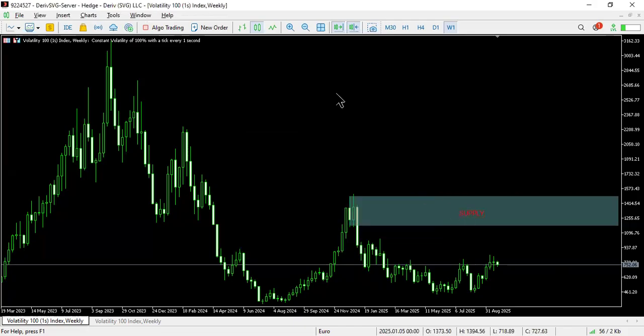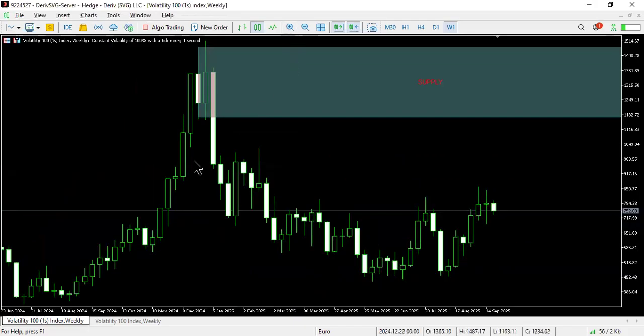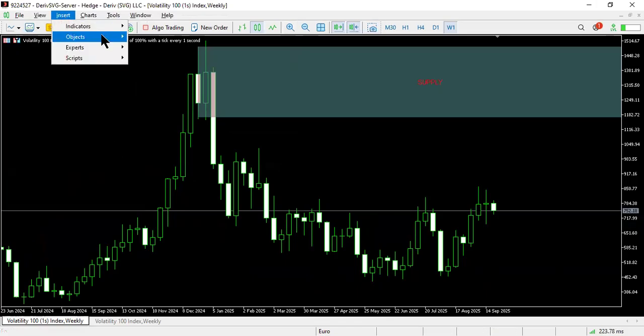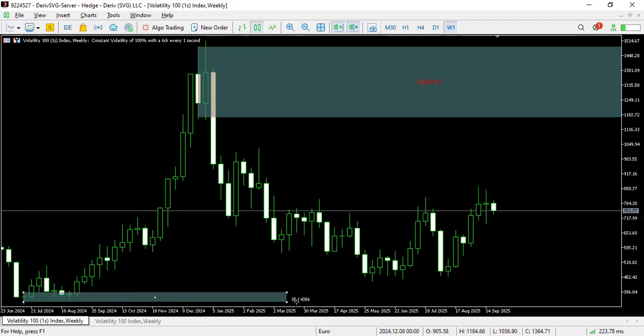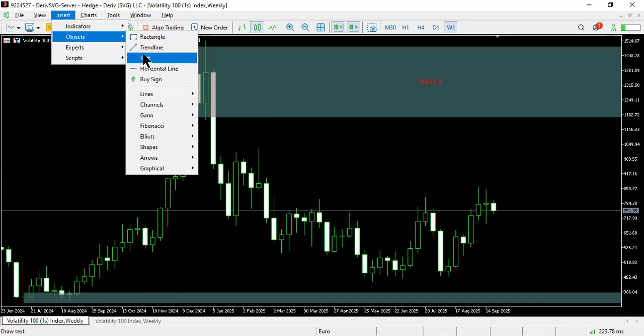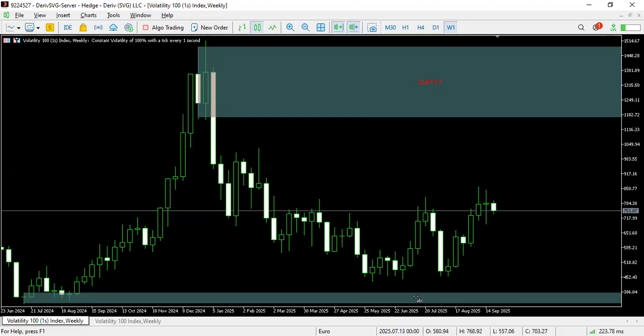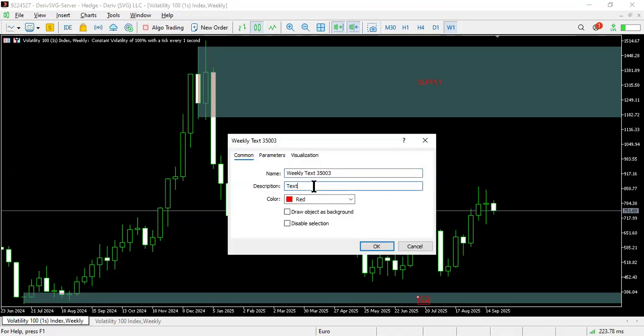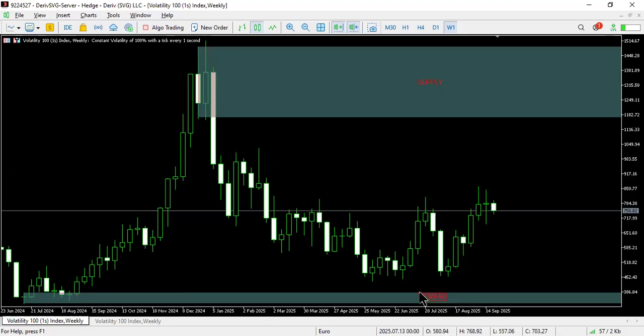That is our supply. And then we have our demand right there. That is the demand zone. That is our demand. That is all from the weekly time frame.